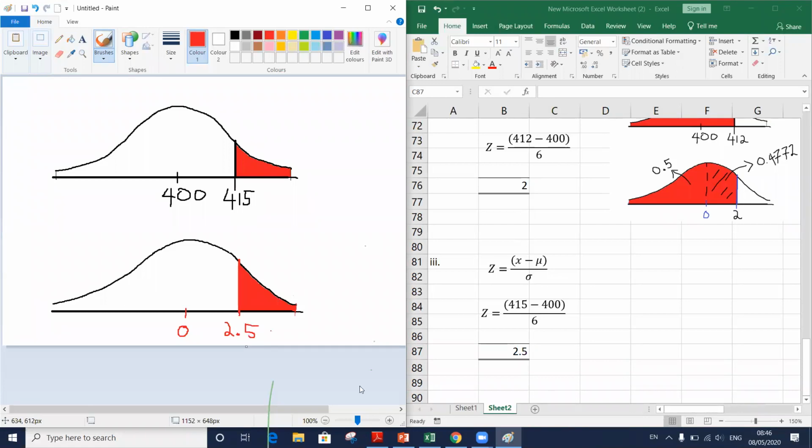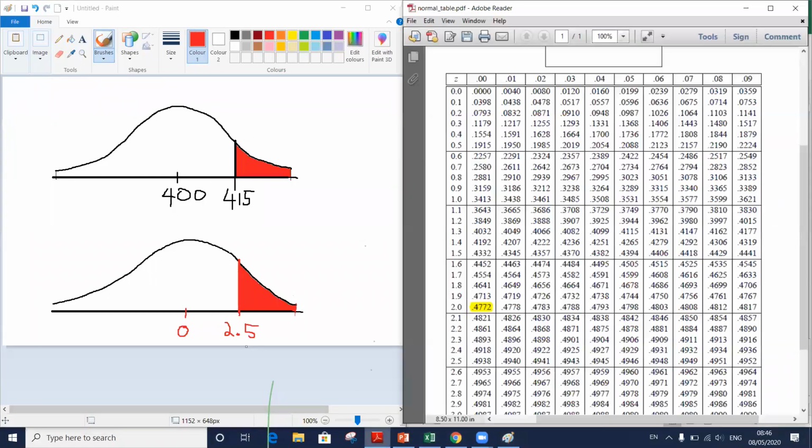Then if we use this z table, what is the corresponding probability value associated with 2.5?